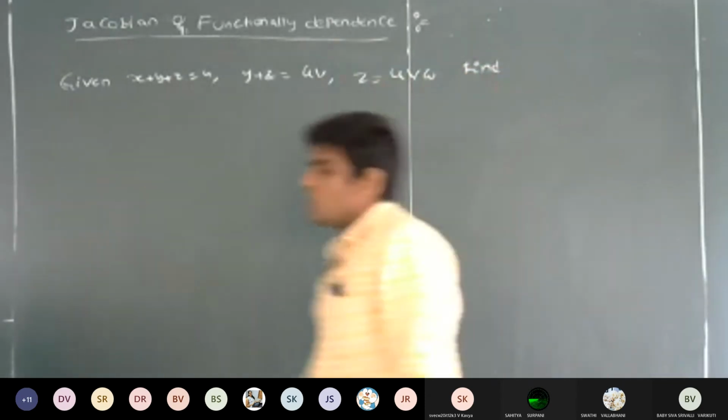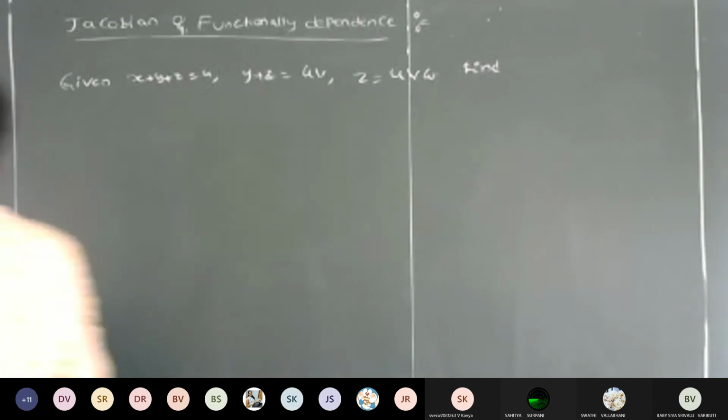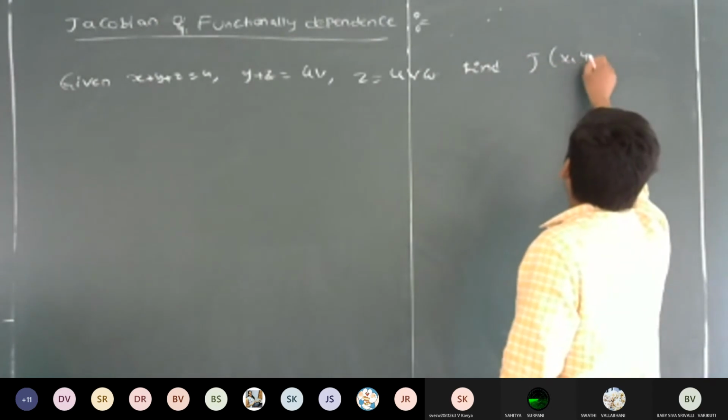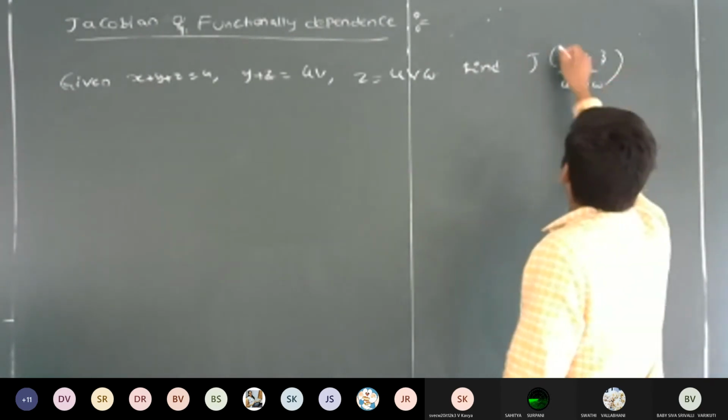Find the Jacobian of x, y, z by u, v, w.